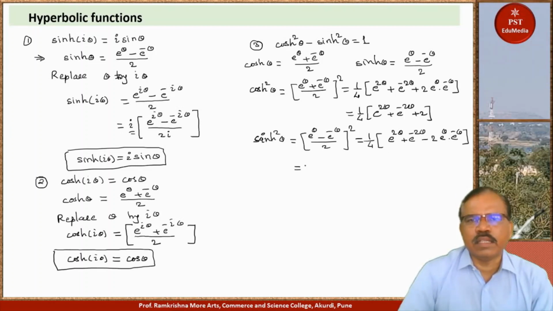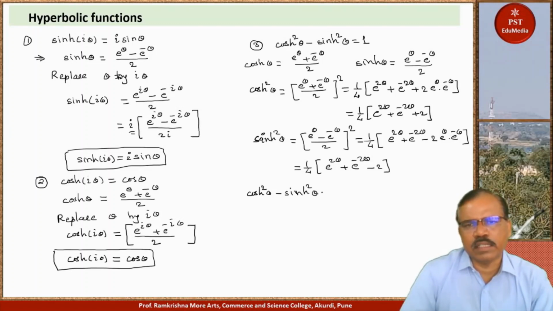So we will get here 1 by 4 in bracket e raised to 2 theta plus e raised to minus 2 theta minus 2. So we get here cos hyperbolic square theta minus sin hyperbolic square theta is equal to 1 by 4 e raised to 2 theta plus e raised to minus 2 theta plus 2 minus 1 by 4.